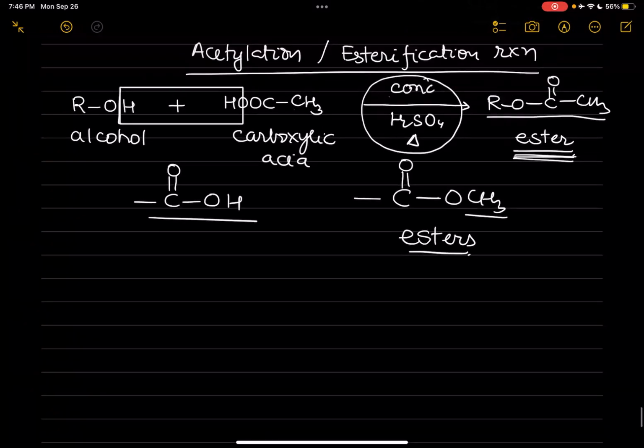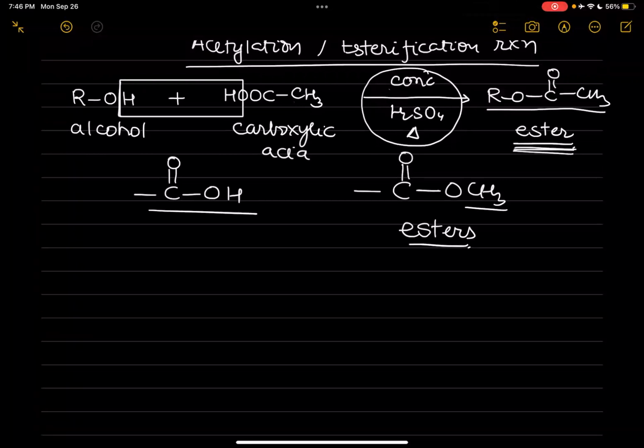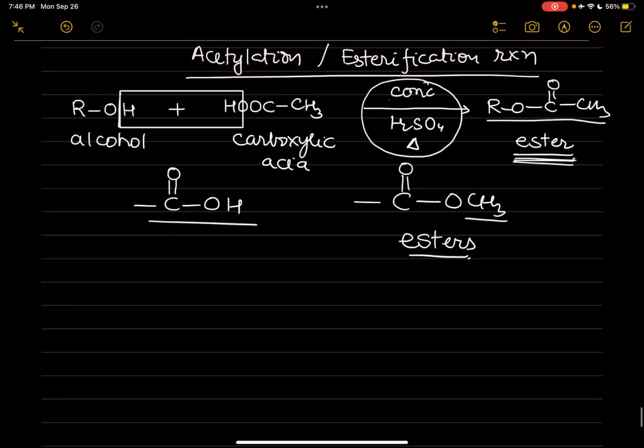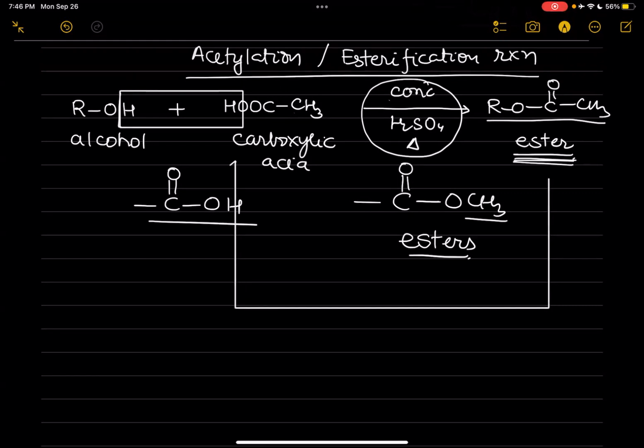Okay, is it clear? So you need to take concentrated H2SO4 because it has a property by which it can remove water and you can get the ester. But if you took ester and dilute H2SO4, dilute H2SO4 has a lot of water in it. It can be written as H plus H2O.